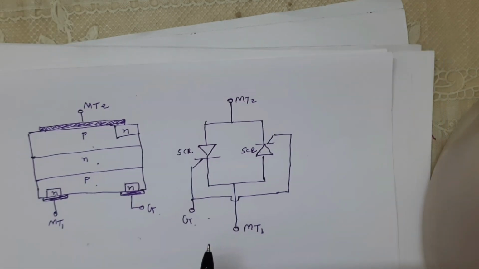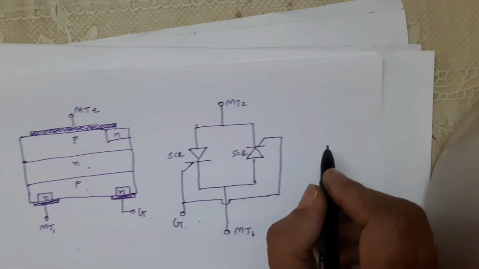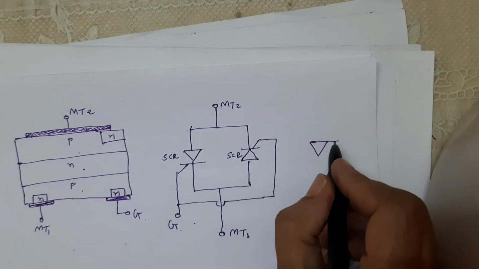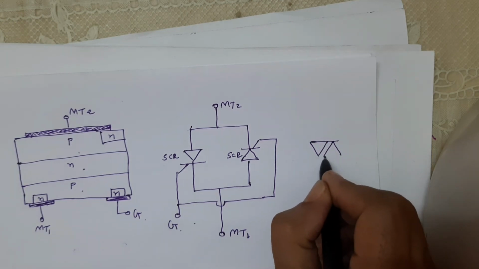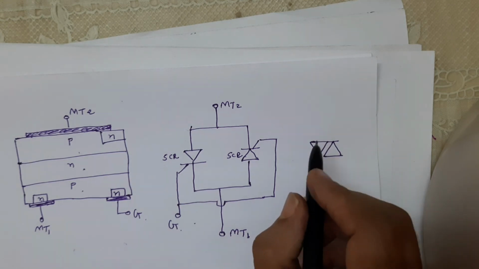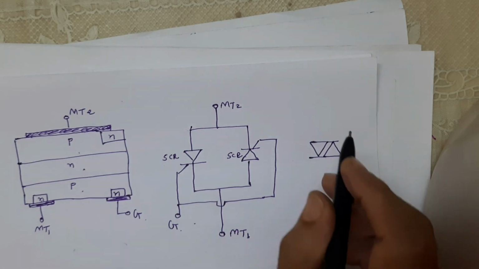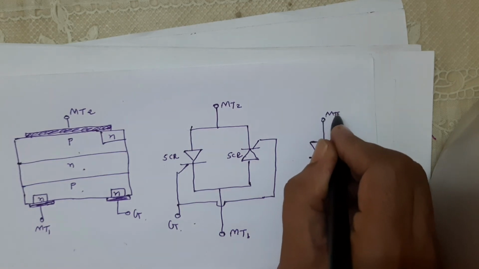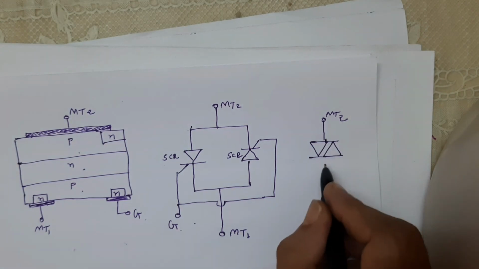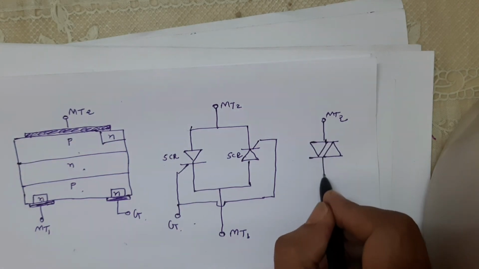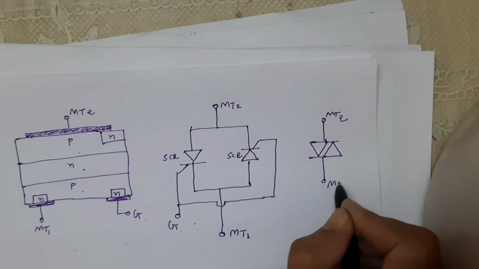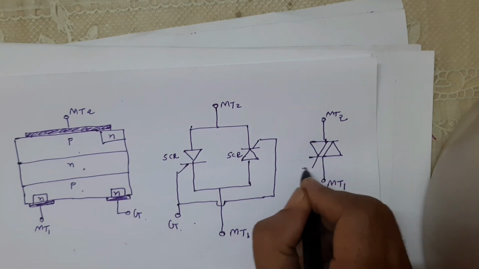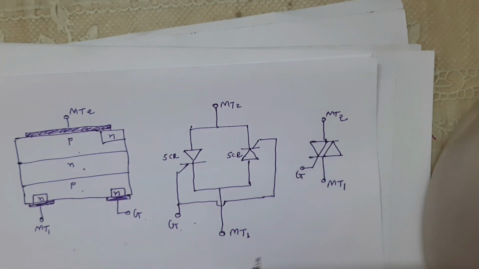And the symbol of the triac looks like this. This is the symbol of the triac. This is your MT2, this is your MT1, and this is your gate.